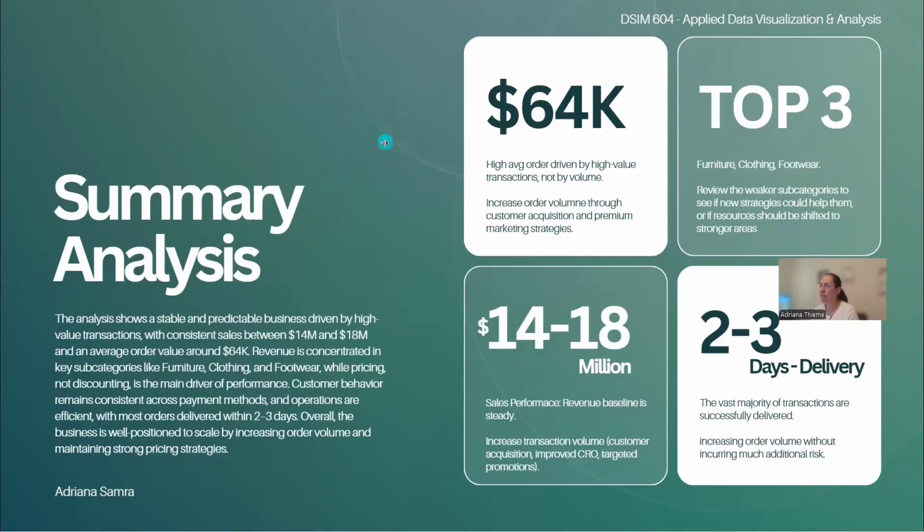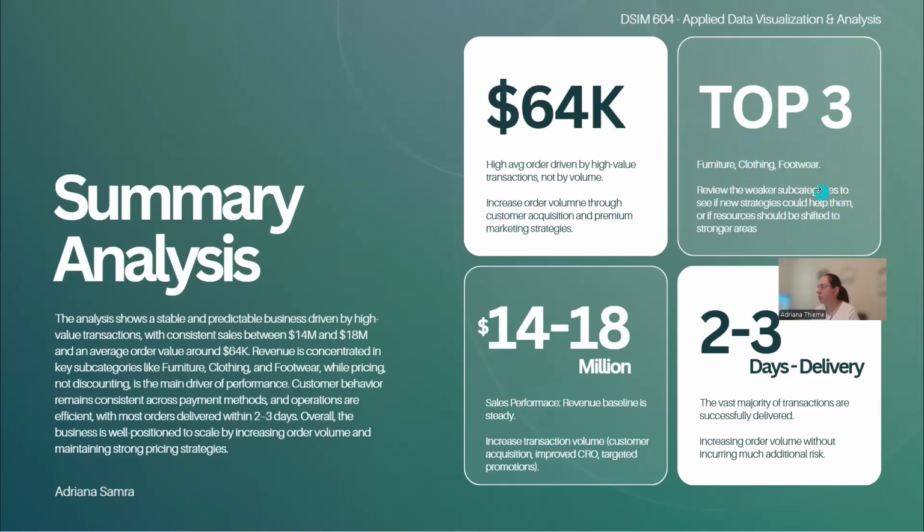Summarizing our analysis, it shows a stable and predictable business driven by high volume transactions with consistent sales between 14 million and 18 million, and an average order value of 64K. It is concentrated in 3 subcategories at the moment: furniture, clothing, and footwear.